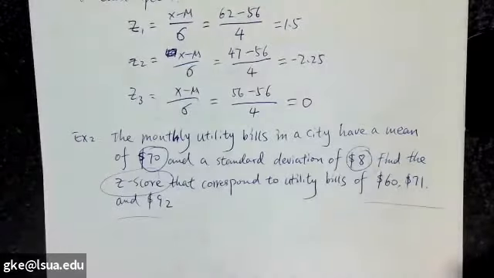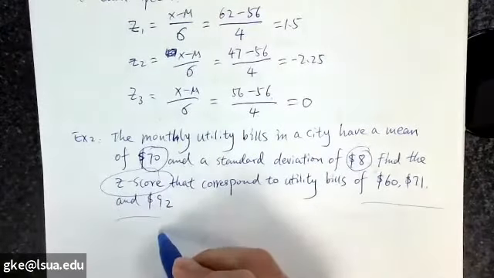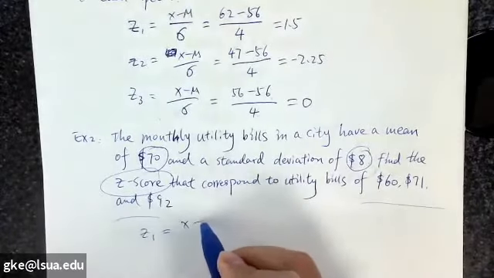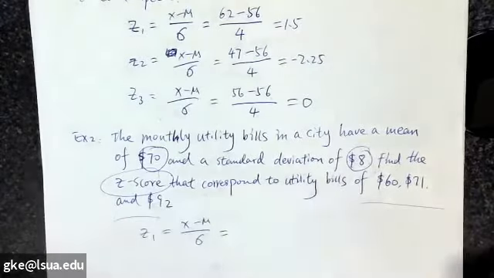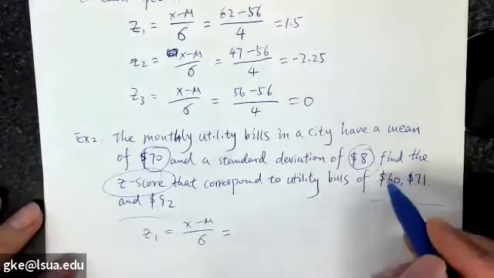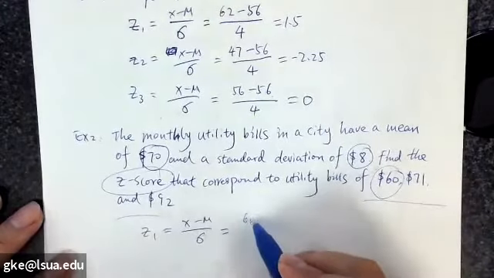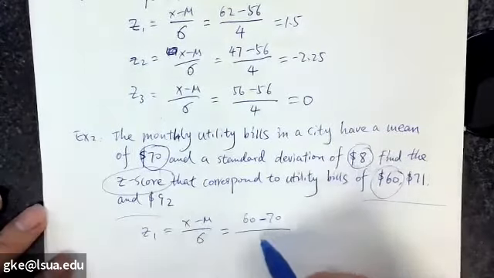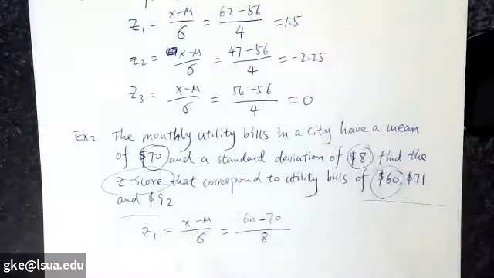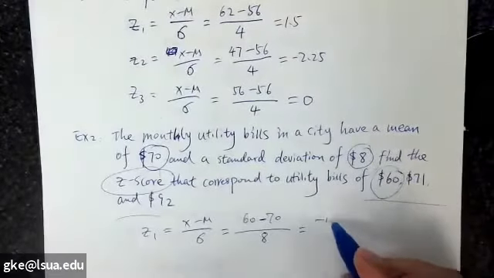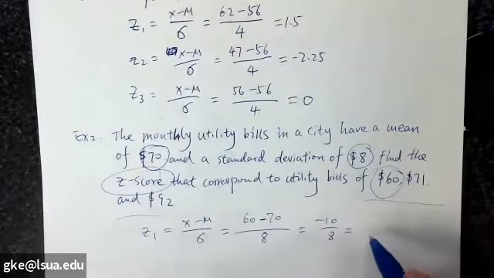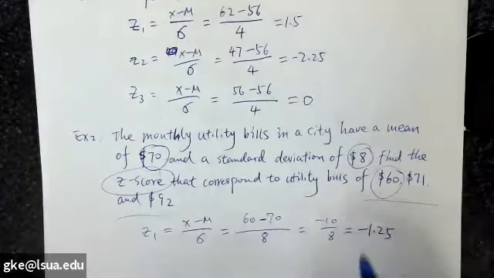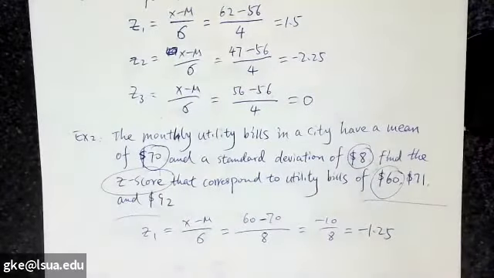Now we're going to calculate the z-score: X minus mu divided by sigma. X is 60, mu is 70, divided by sigma, 8. And this gives you the value negative 1.25.